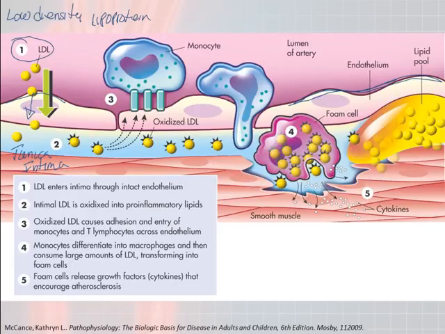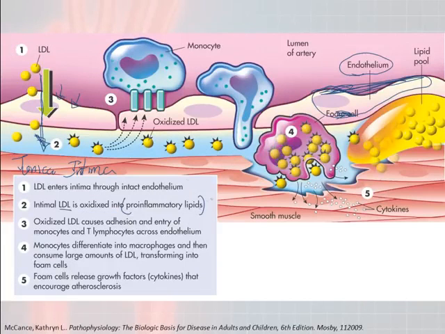Once these LDLs that have traveled through this damaged endothelium get into the tunica intima, there's a complicated process of mechanisms that occur that change these LDLs into an oxidized LDL. So what happens is this LDL becomes oxidized and it becomes a pro-inflammatory LDL.